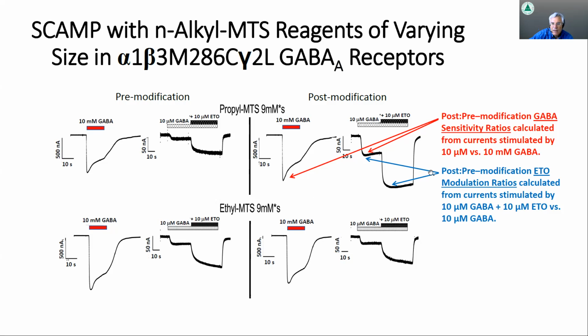I'd also point out that shown here is how we also compare modification effects on etomidate modulation. We're using a single sweep technique where we look at the current with 10 micromolar GABA versus 10 micromolar GABA plus 10 micromolar etomidate.